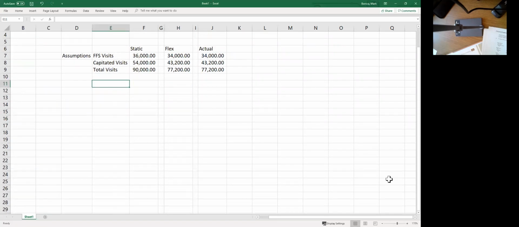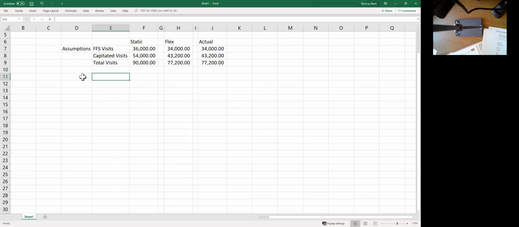Okay, so now we want to calculate revenues. We have fee-for-service revenue and capitated revenue, and then total revenue.